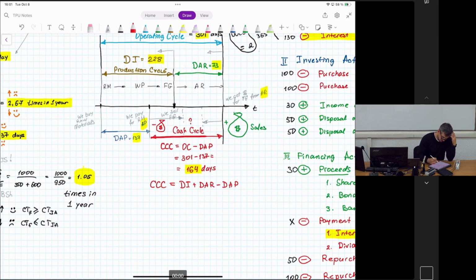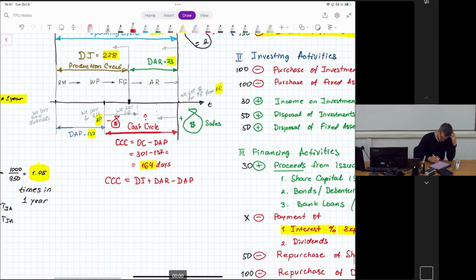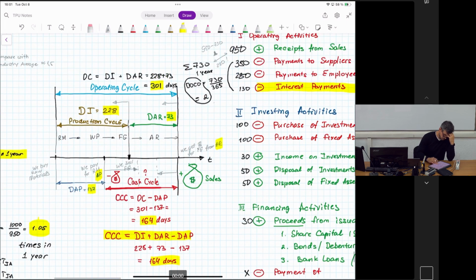So in this case, you can take 228 plus 73 minus 137. All these ratios will give you 164 as well. Okay. So this is the most common calculation ratio that is used. And this is the calculation ratio for operating cycle.